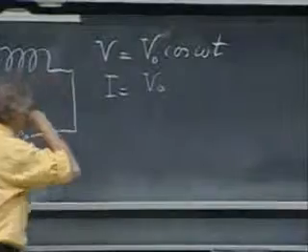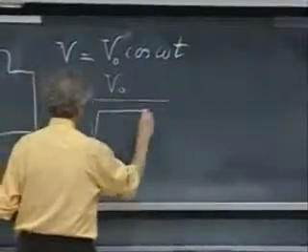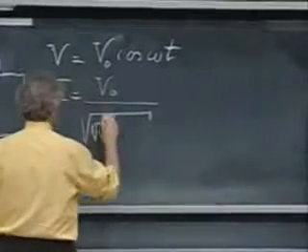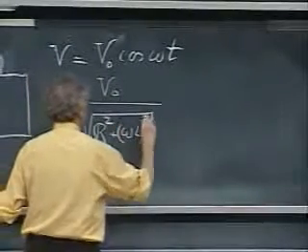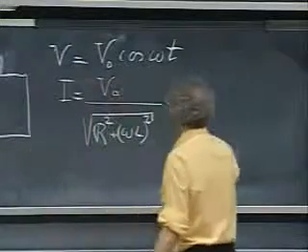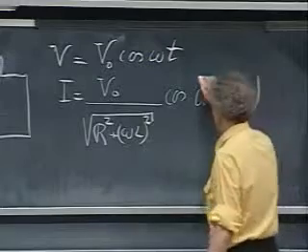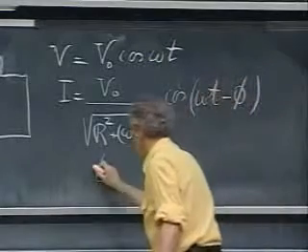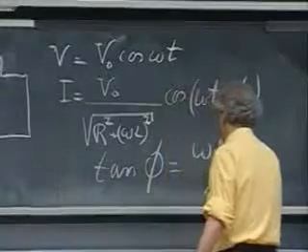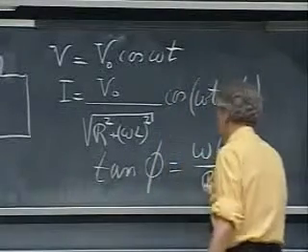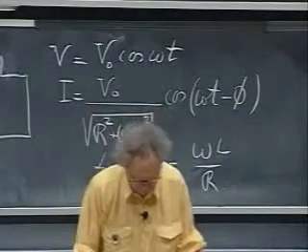The current as a function of time now is V0 divided by the square root of R squared plus omega L squared, times the cosine of omega t minus phi, and the tangent of that angle phi is omega L divided by R. And of course we need some time to digest this.